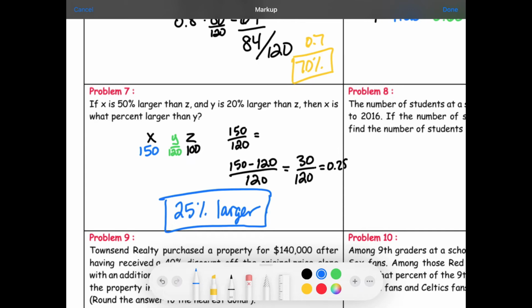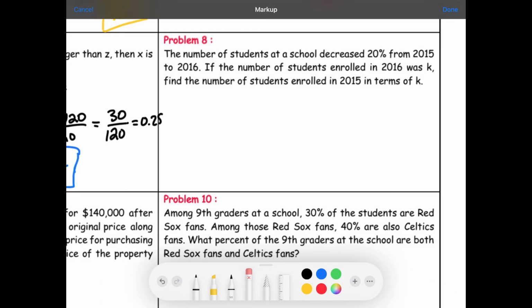Number 8, the number of students at a school decreased 20% from 2015 to 2016. The number of students enrolled in 2016 was K. Find the number of students enrolled in 2015 in terms of K. So if 2015 there were 100 kids, then in 2016 there were 80 kids, right? It dropped 20%.